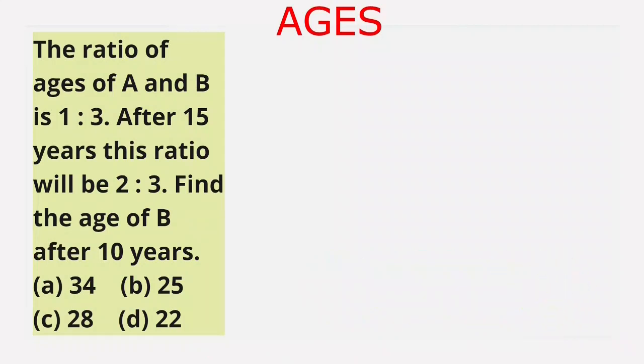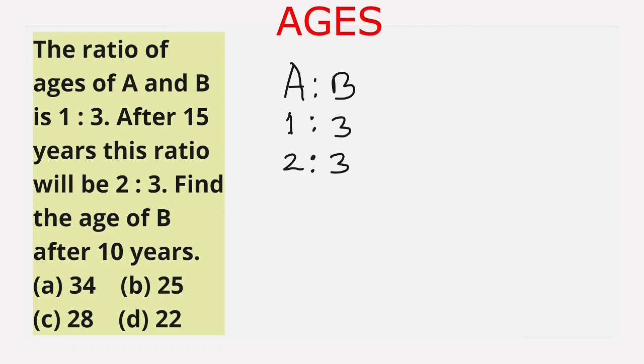We solve this question by the shortcut method. The ratio of the ages of A and B is 1:3. The present ratio of their ages is 1:3. And after 15 years, this becomes 2:3. If we observe, the difference between 1 and 3 is 2 and the difference between 2 and 3 is 1.